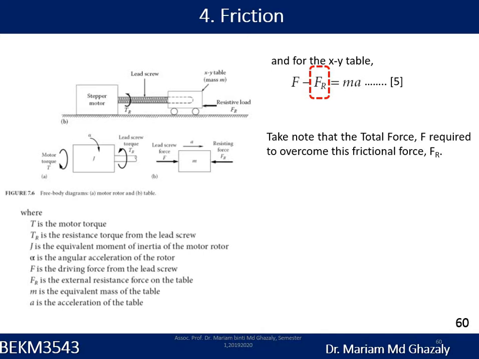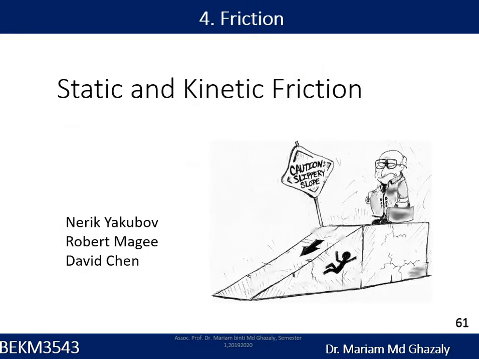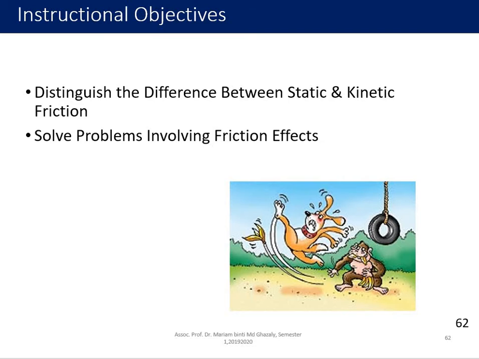So we will always need to subtract it from the system force, or the force that is driving the application. The frictional force actually refers to two types of friction, which are static and kinetic friction.